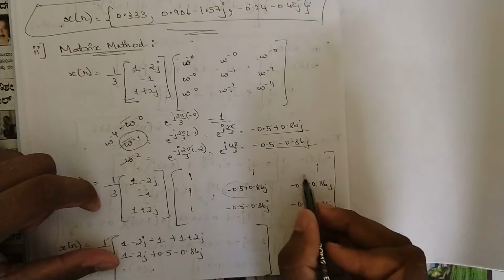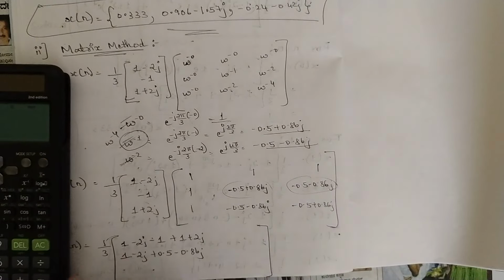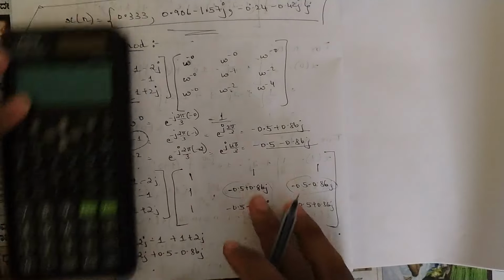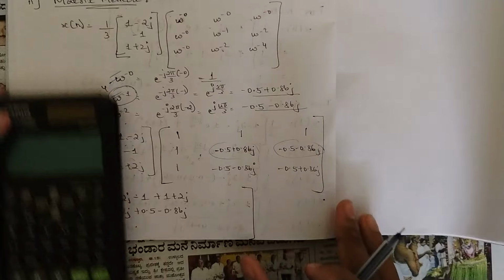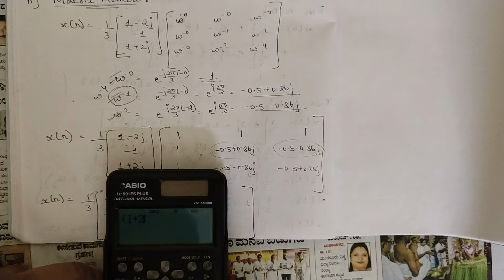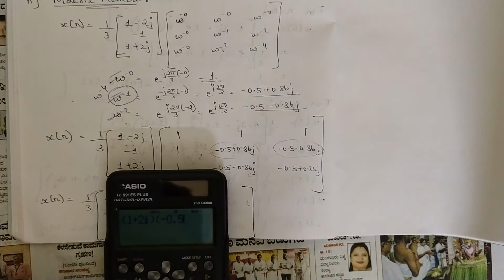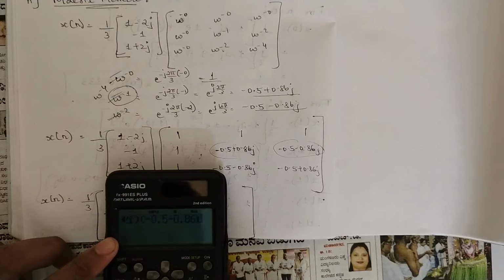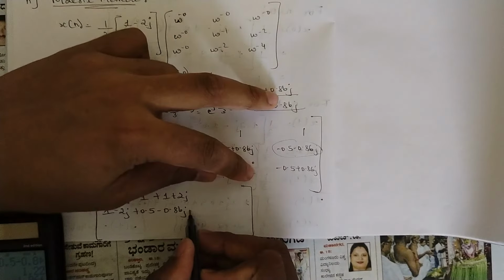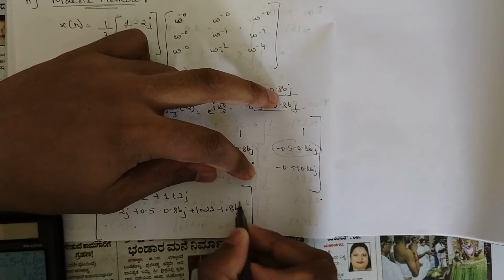So 1 plus 2j into this term we should be putting in the calculator. Okay, that is 1 plus 2j into minus 0.5 minus 0.86j. That is 1.22 plus 1.22 minus 1.86j.